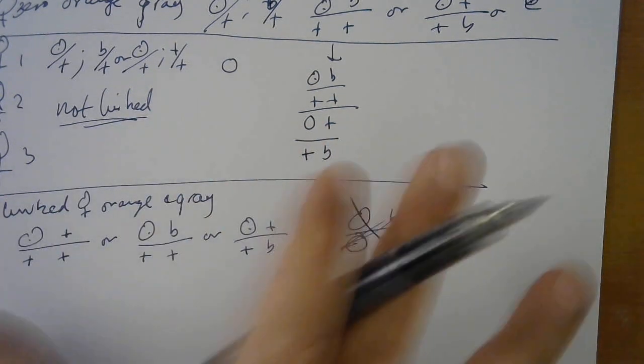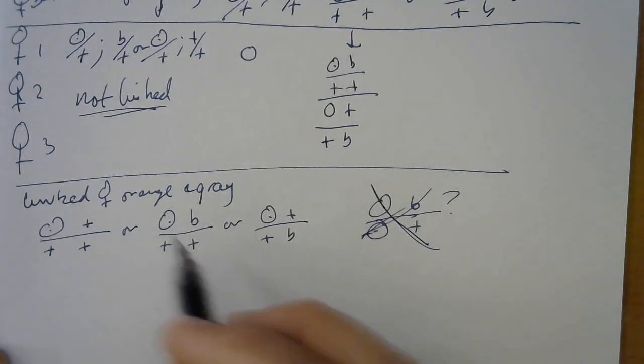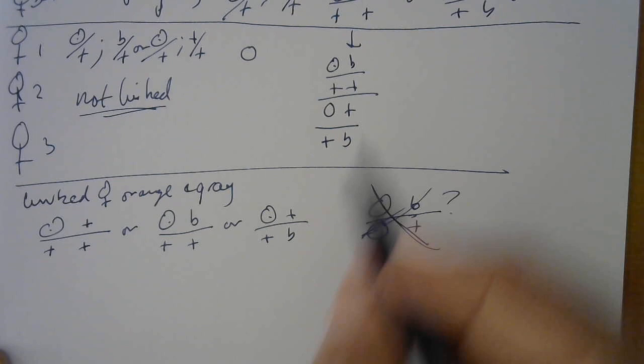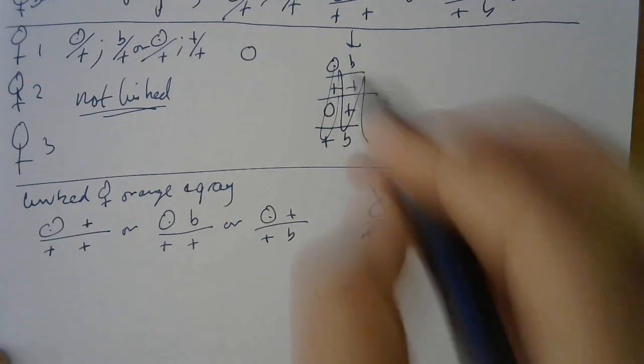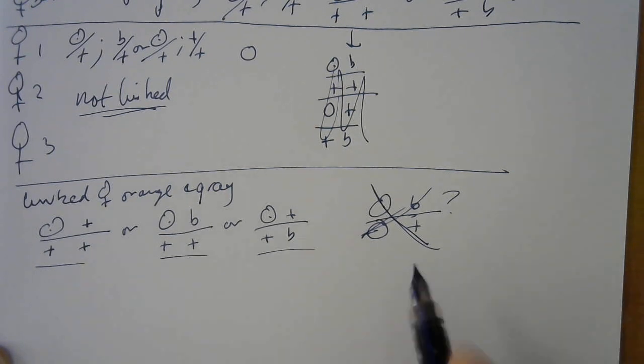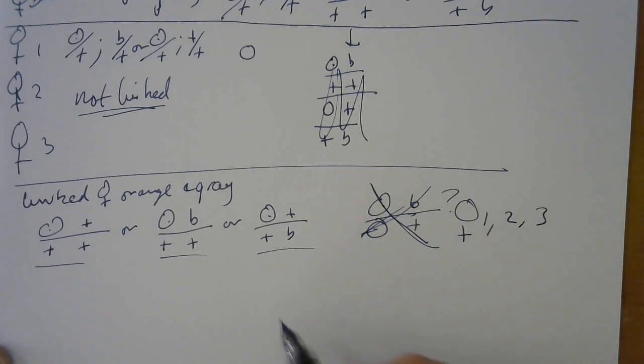I mean, one can construct a problem like this where there's a contradiction, and the point is that all of these genotypes must be possible from her. So everything makes sense here. So we have three possible phenotypes for females, 1, 2, and 3.